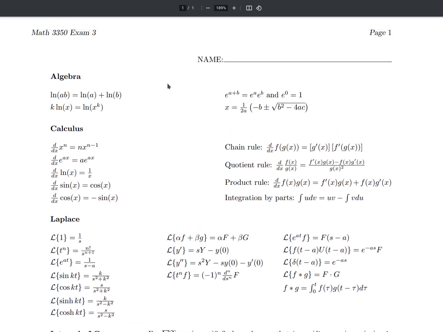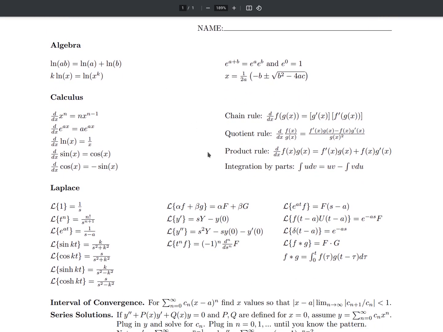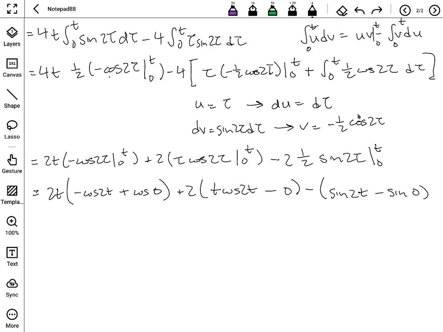From my formula sheet, I'm not told if sine 0 or cosine 0 is 1, so I have to use my brain for a second. I think cosine 0 is 1 and sine 0 is 0. I'm going to go with that. On an exam, I wouldn't hold you to memorizing that.